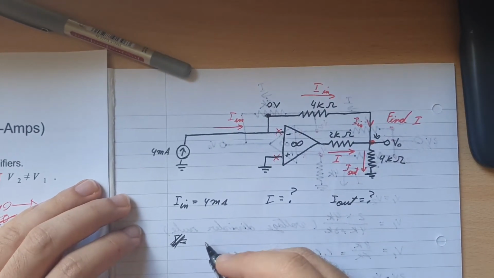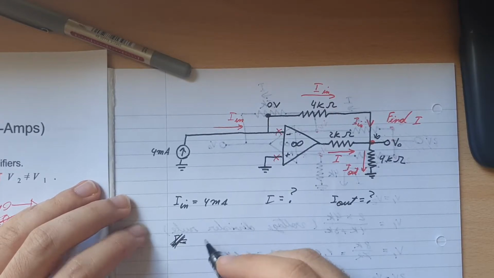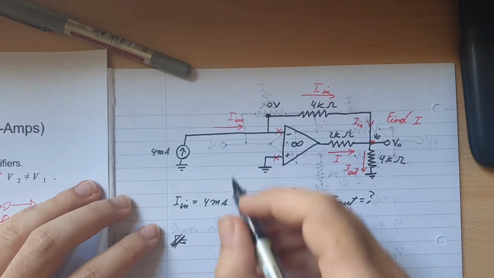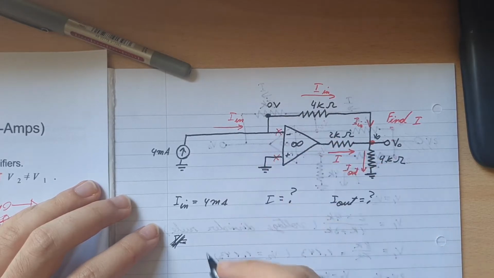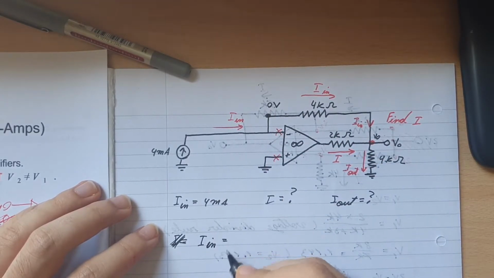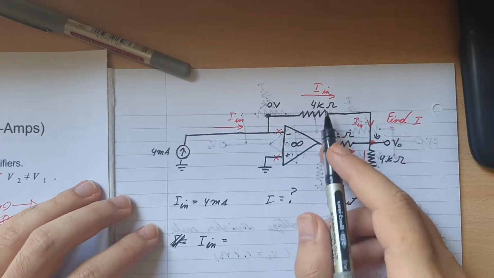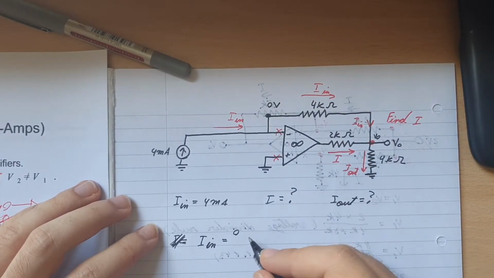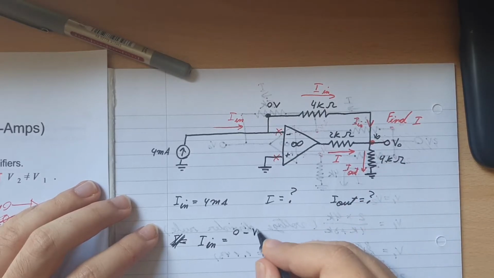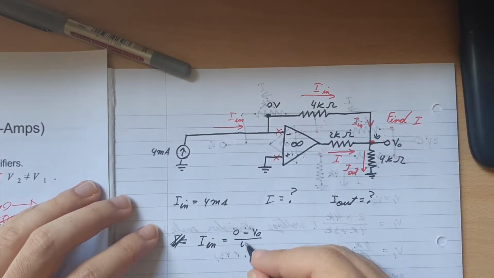So what we can do is to say that I in, this current here, we again use Kirchhoff's law. I in is equal with the I in here, which will be 0 minus V out over 4k.